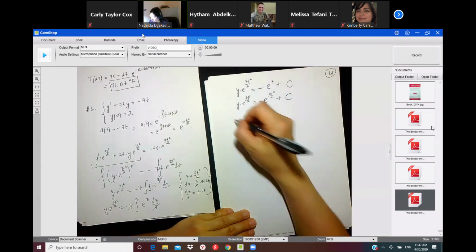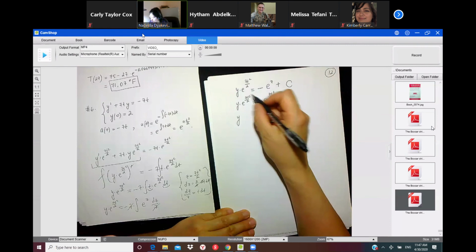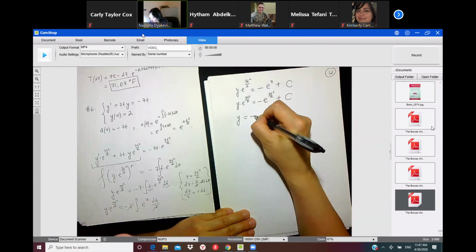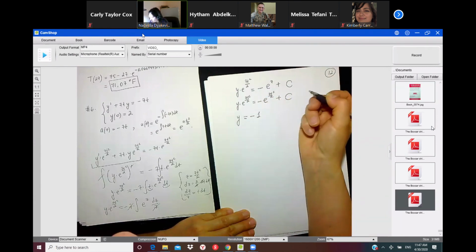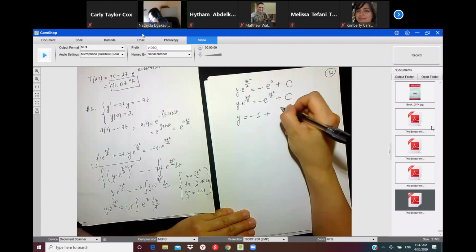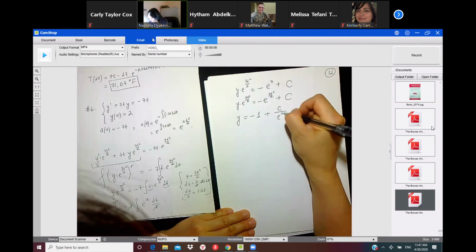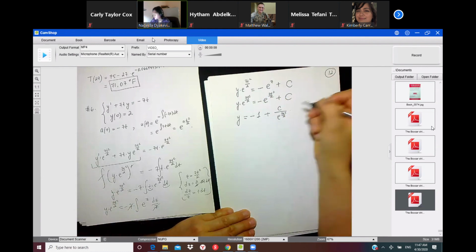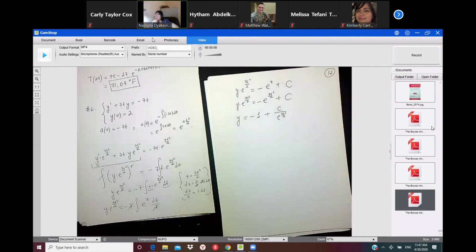And the final step is to divide both sides by this exponential function. Looks like I'm getting -1 plus c over e to the 7t squared over 2. So this is so far my general solution. Can anybody confirm this?